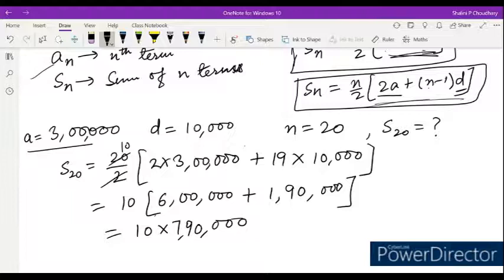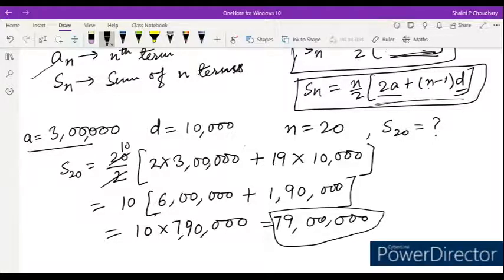And multiplying by 10, we get 79 lakhs. So this is the total amount the person received in 20 years, how much money he is receiving in total.